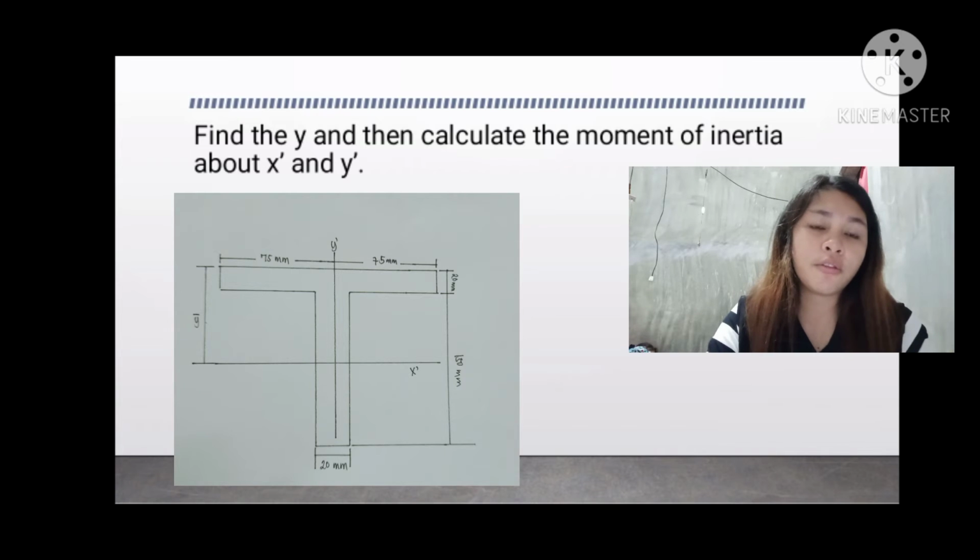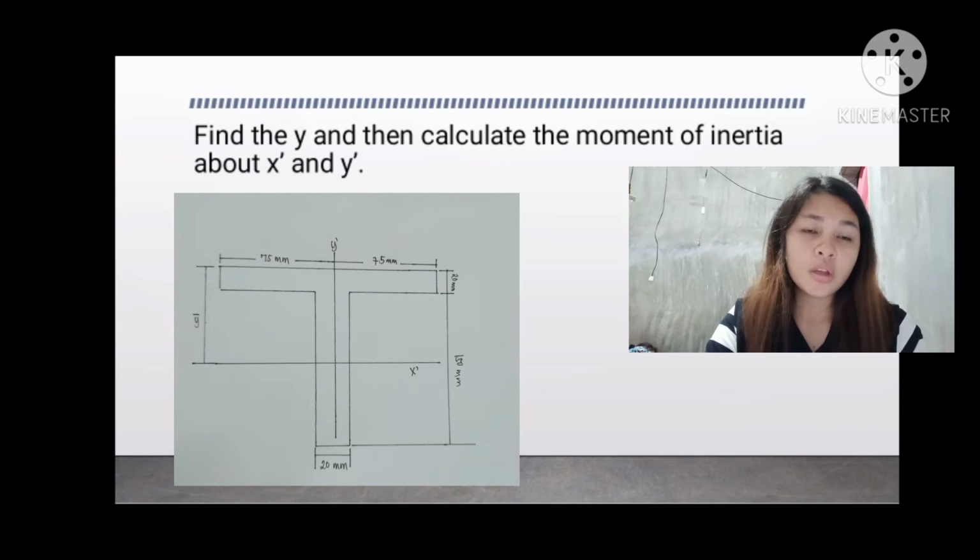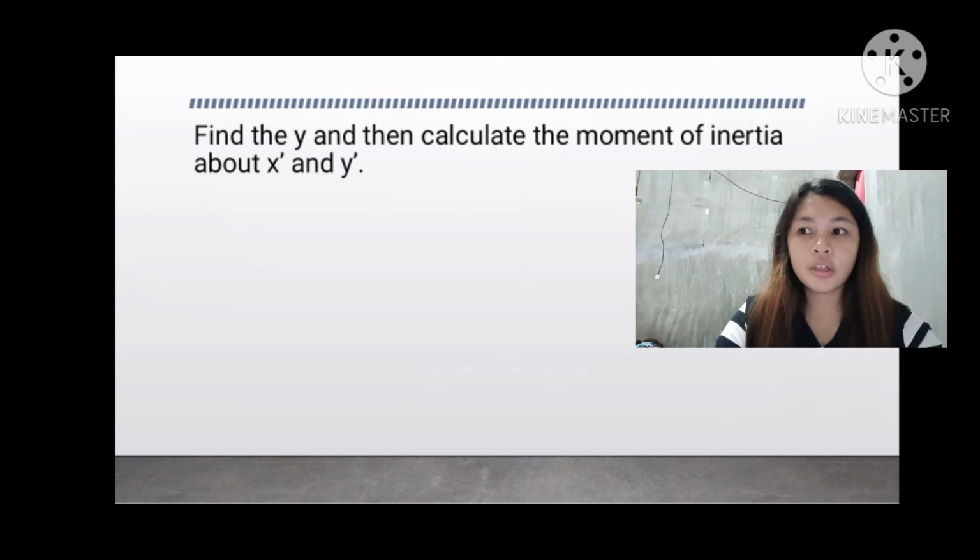Since we have already identified the y bar, we can continue solving with the parallel axis theorem. For the rotation about the x-axis, we need to use the parallel axis theorem since the x-axis doesn't pass through the centroid of either rectangle.